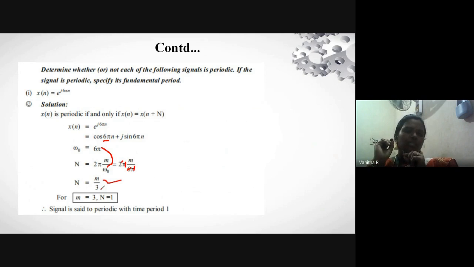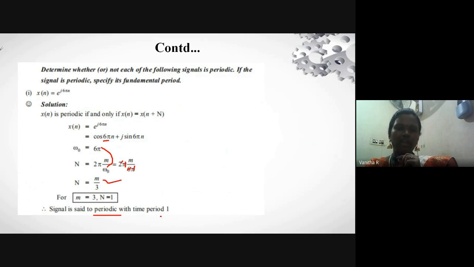The smallest value has to be substituted. Even if you substitute 6, you will get n as an integer. But what is the criterion we have? m must be the smallest integer value we substitute. Since we have to substitute m as the smallest value, I am substituting m as 3. So here I am getting n as an integer. So the signal is said to be periodic with time period 1.